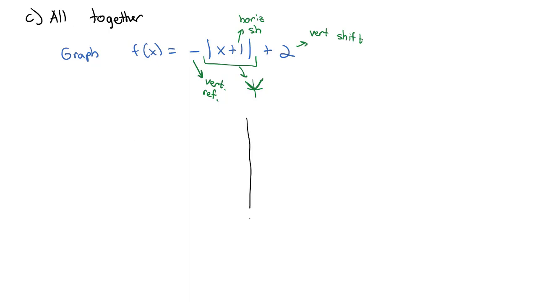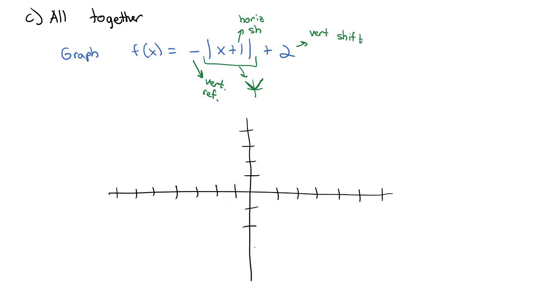So let's put that all together and see if we can graph this guy. All right, we know that the parent function for this is the shape of a V. This is our toolkit function. We've got points at (0, 0), (1, 1), and (-1, 1).